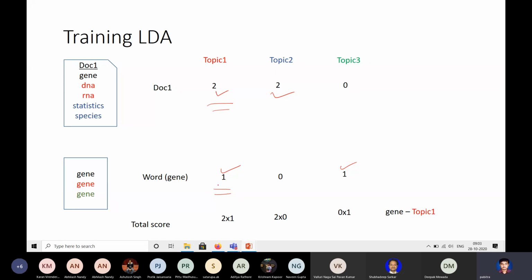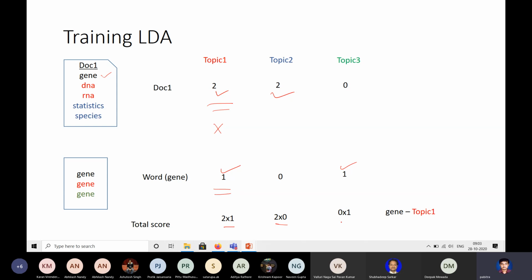Instead of breaking ties this way, let us do it in another way. Let us multiply this by this: 2 into 1. That is the score for labeling the red topic to this word. 2 into 0 is the score for labeling blue, and 1 into 0 for green. I am taking the product of these two scores, not probabilities.